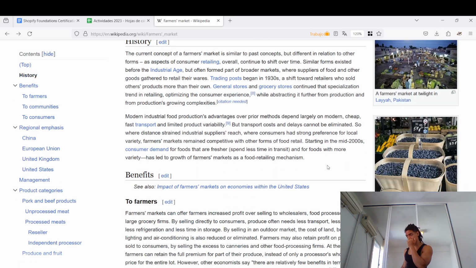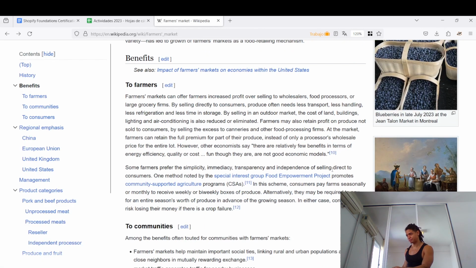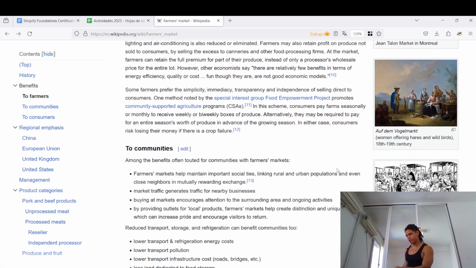Okay, makes sense. Makes a lot of sense. Blueberries. I love them. Oh my god, I love blueberries.